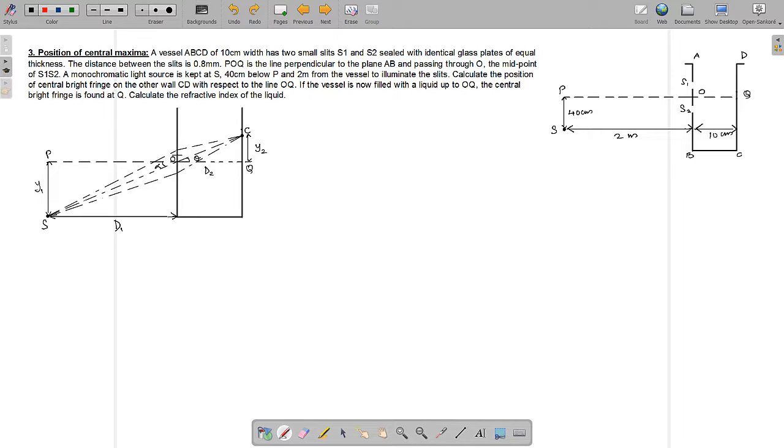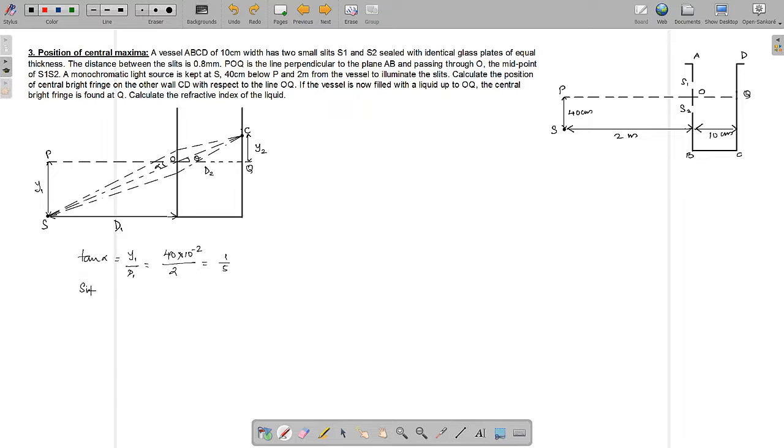This distance between S1 and S2 is given as small d, and if this angle is alpha, then tan alpha will be equal to y1 upon d1. Now y1 is given to us as 40 centimeter, so this will be 40 into 10 to the power minus 2, upon d1, which is given to us as 2 meters, so this will be 1 by 5.